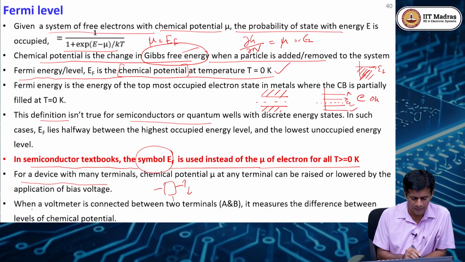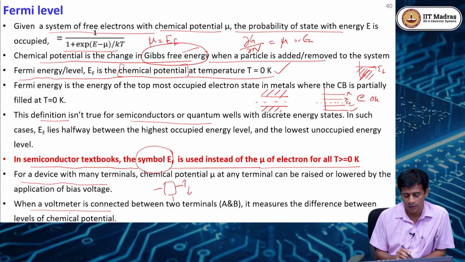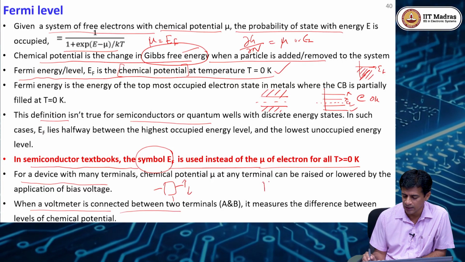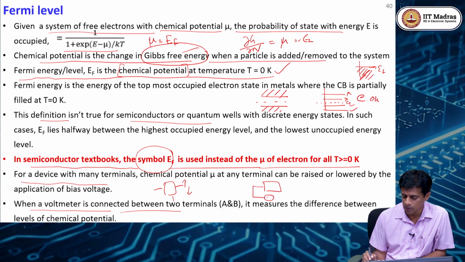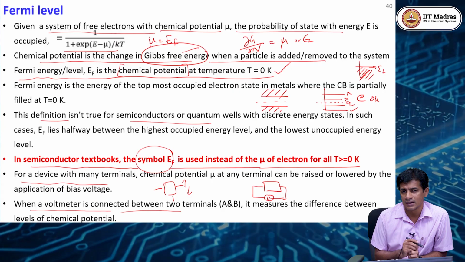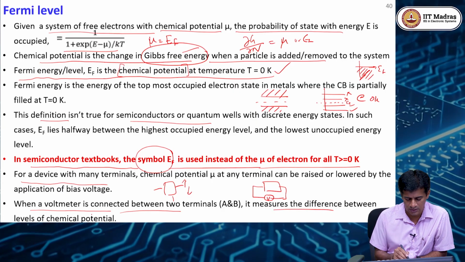Another very important thing is this. If you connect a voltmeter between two terminals of a device and measure the potential, what the voltmeter really measures is the difference between the levels of chemical potentials, or the Fermi levels.